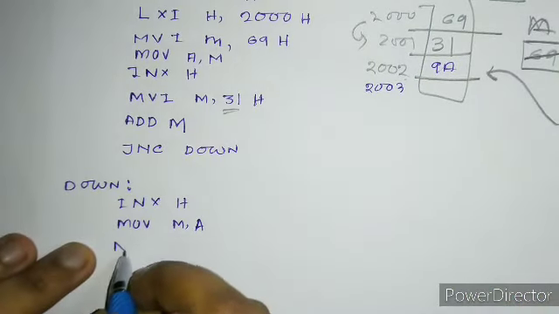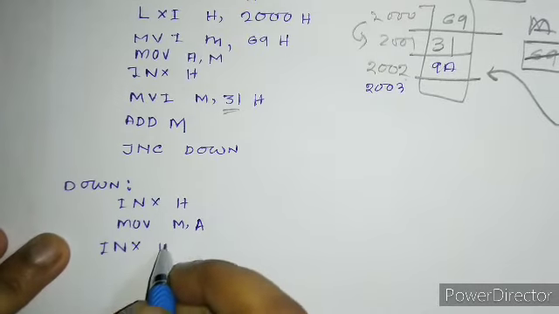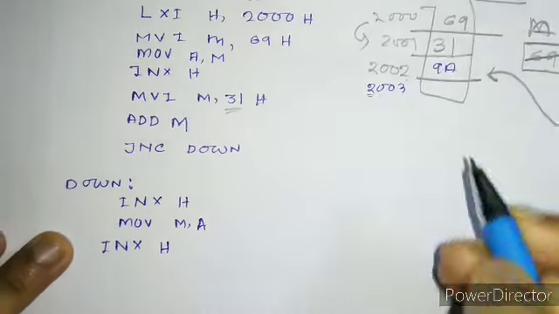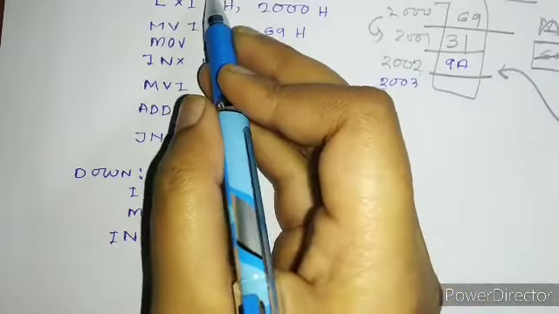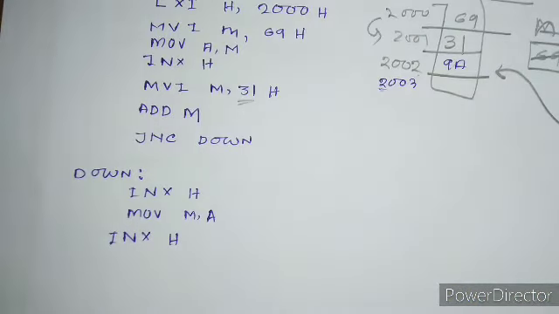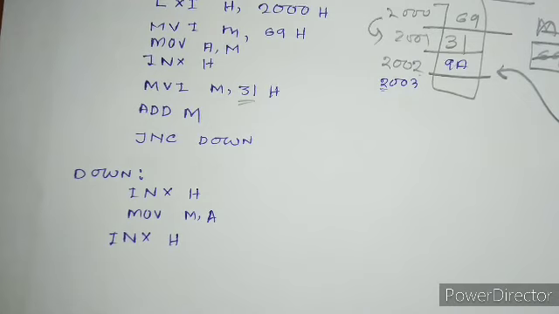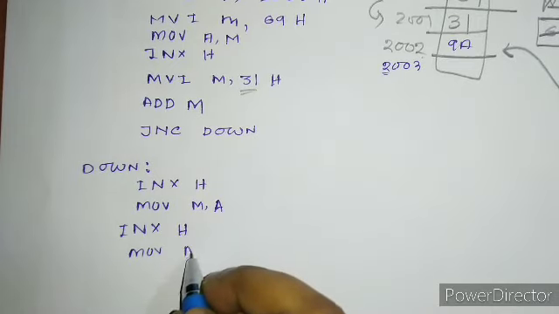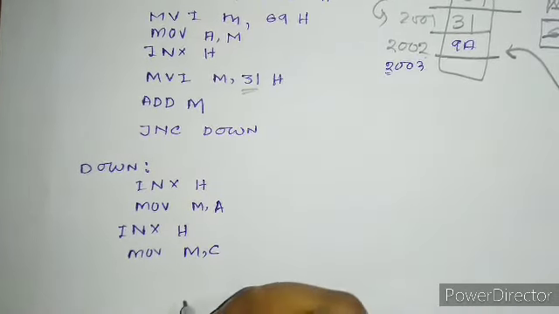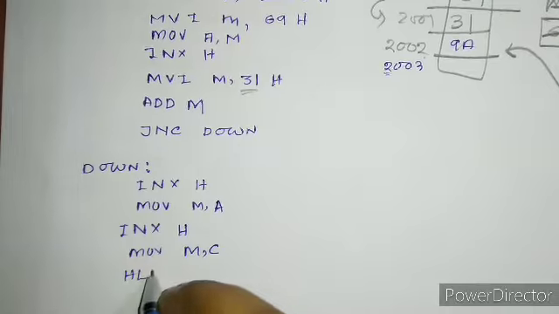So first INX H and come to this location. Copy the data from C to M. MOV M, C, and at last HLT.